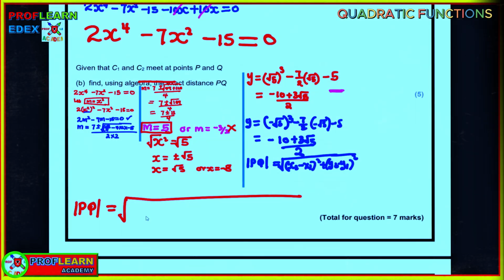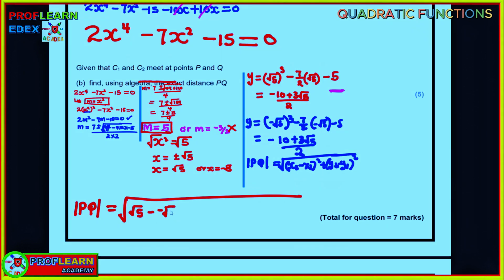The first part is x, so it's root 5 minus negative root 5, then that part is going to be squared, plus we move to the next part, which is negative 10 plus 3 root 5 over 2 minus negative 10 plus 3 root 5 over 2, squared.